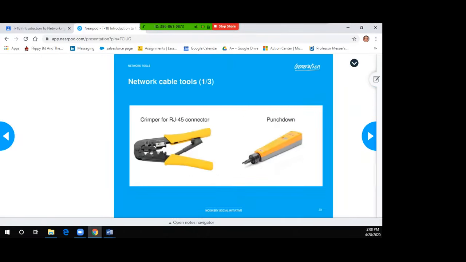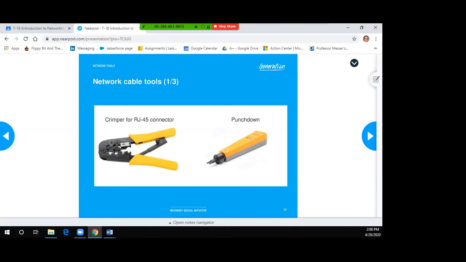Coming into our crimpers for RJ45. If we look at this little doohickey real good, it has an RJ45 and an RJ11 hole. This is the one that actually crimps the wires. As we saw earlier, when we peel back the cable and insert the connector, it's not really sealed in, or crimped in is the terminology.